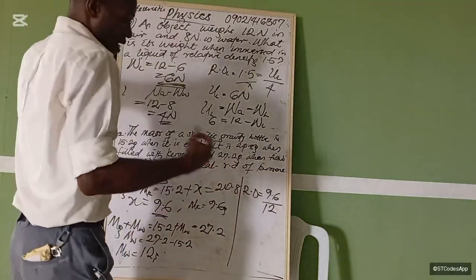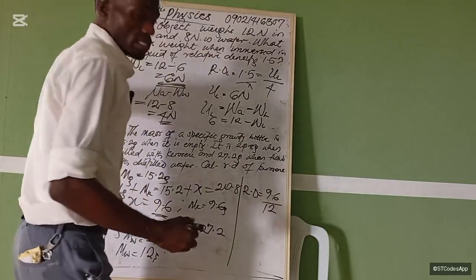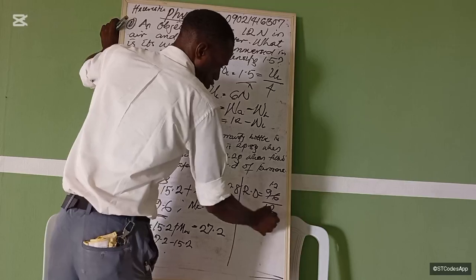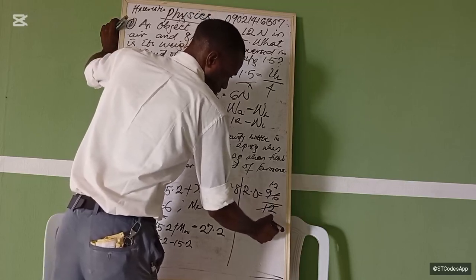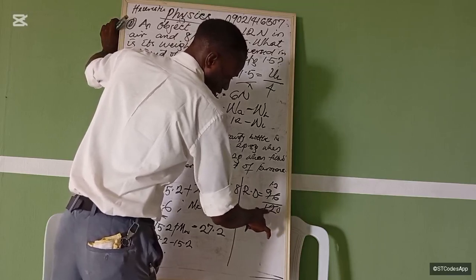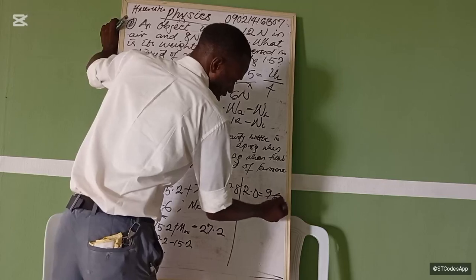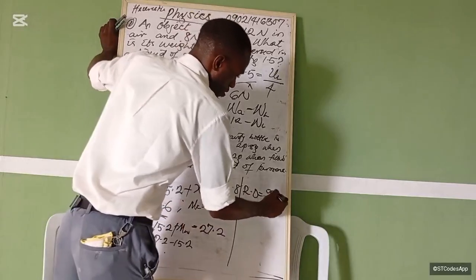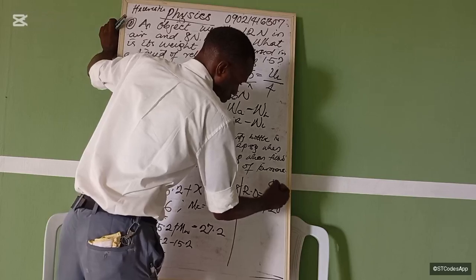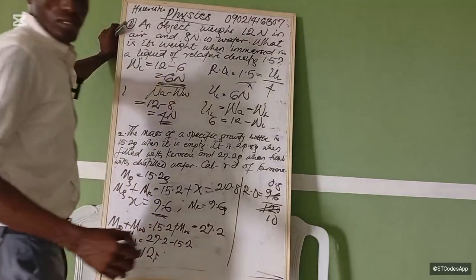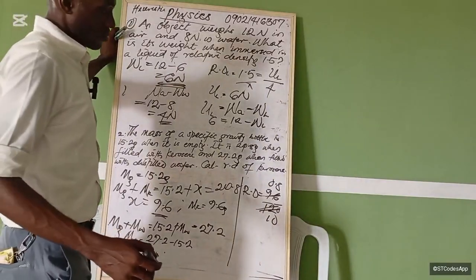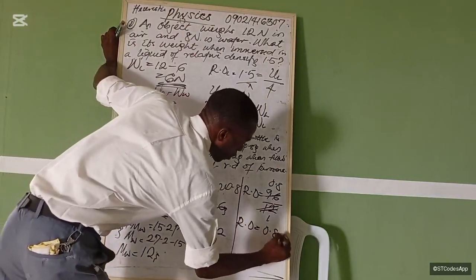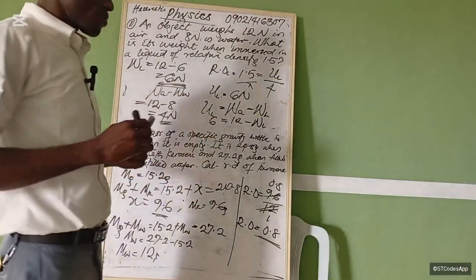If you do your maths, 96 divided by 8 is 12, and 120 divided by 8... Oh, okay, it's not 120, that's 12 here, 0.8. So the relative density is 0.8, and that's the answer. No unit. I hope that is clear.